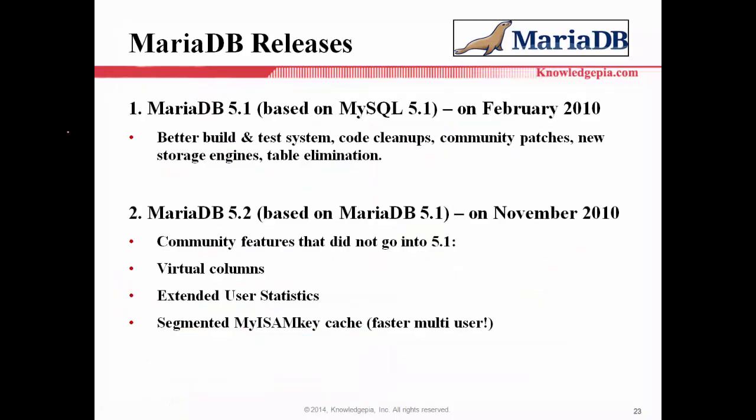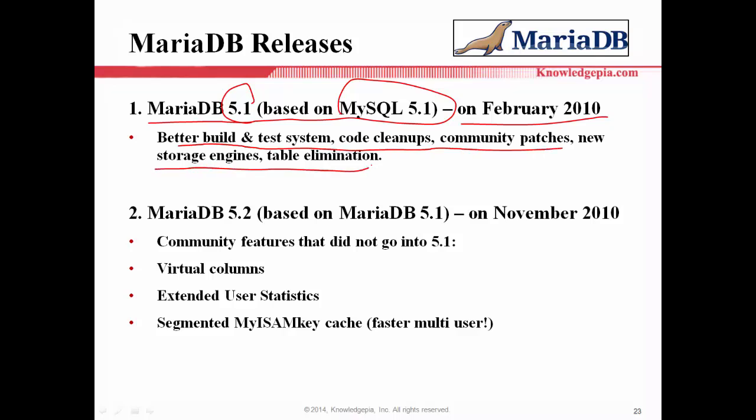MariaDB releases. First, MariaDB 5.1, based on MySQL 5.1. At first, as I told you, MariaDB depended on the MySQL source code, and this version was released in February 2010. In this version, features were implemented like a better build and test system, code cleanups, community patches, new storage engines, and table elimination.